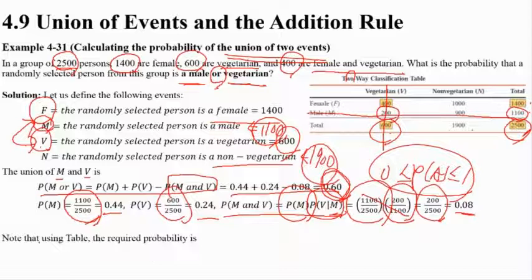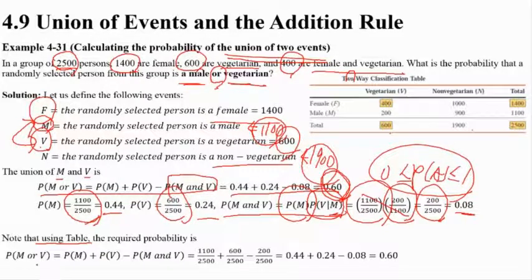Same thing, if you're using the table, if you know the table, it's much easier. Let me change the color for you. Erase first. So compute this part. Okay, how can we get it? Same thing, male, vegetarian. So we get this number.